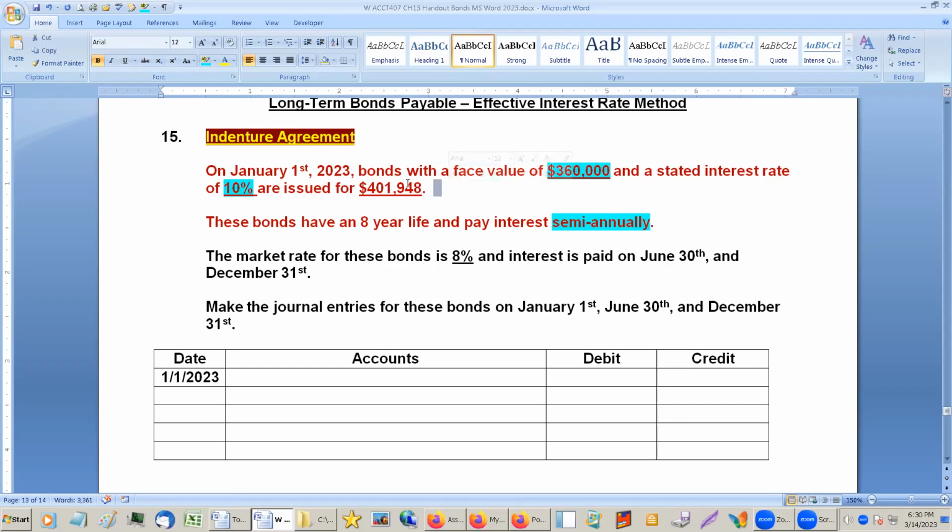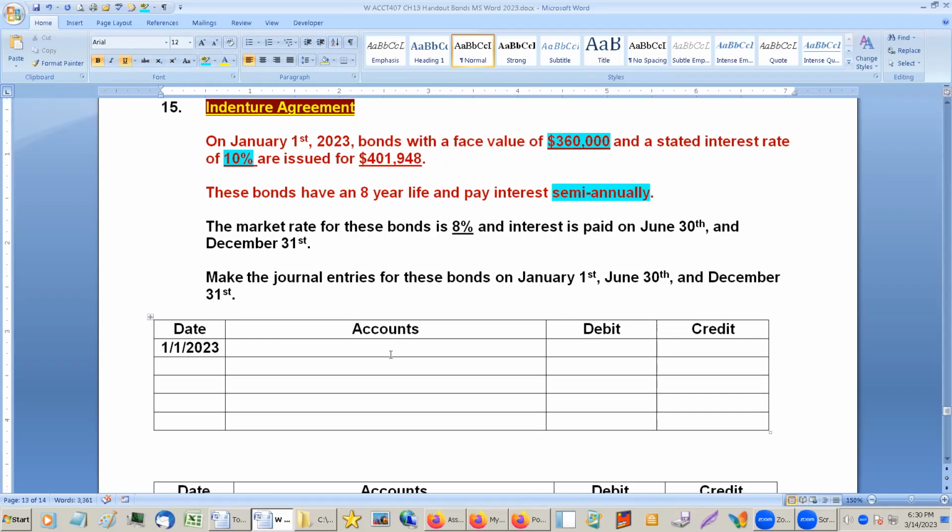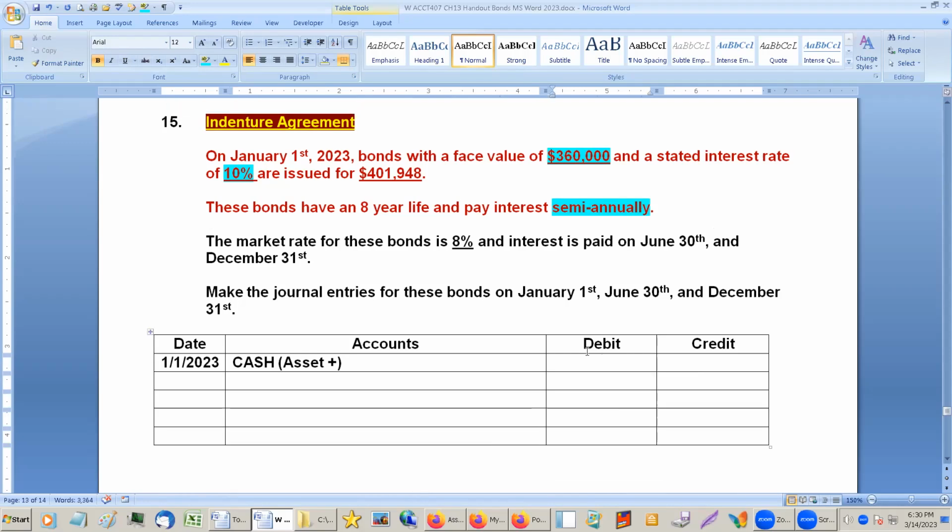And again, that's stated on the bond, so that's what we have to pay. So coming down, oh wait, I didn't do the first entry. So our cash, an asset going up. We sold these bonds, we actually borrowed money.